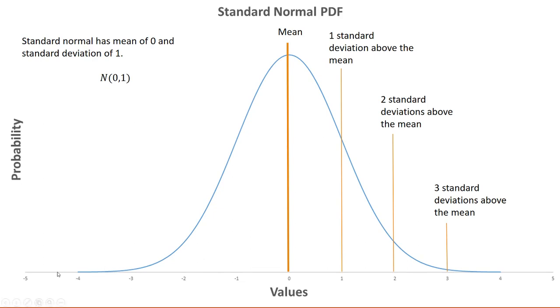If I drew a number of negative 4.5, that would be 4.5 standard deviations below the mean. Okay, so standard deviations become a useful unit of measurement. What we can do is communicate how far away a particular value is from the mean in the units of the standard deviation.